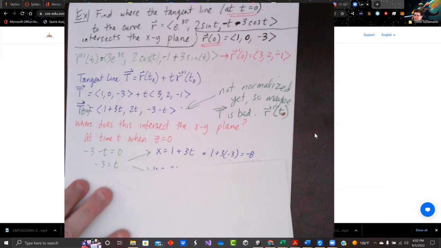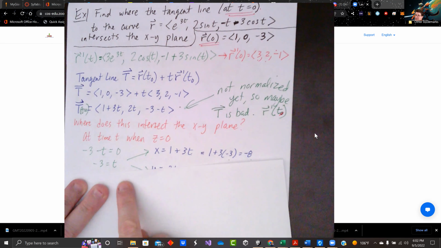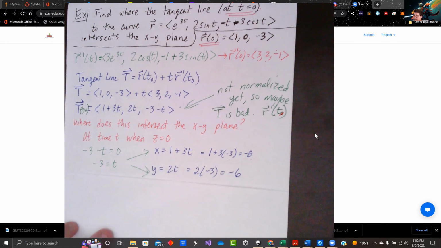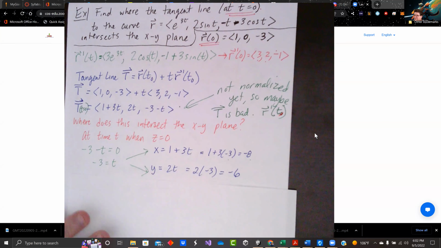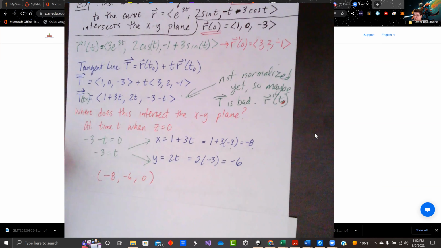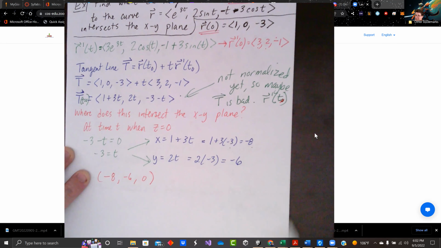I solve for t equals -3. I can find the other two components by plugging it in. Plugging in -3 into x is 1 plus 3 times -3 is -8. We do the same for y. I get -6. The z component was 0. That was our assumption. So that tangent line intersects the xy plane at (-8, -6).